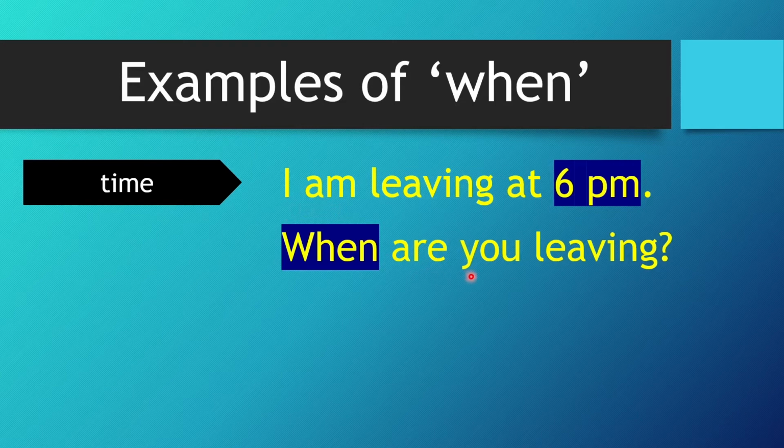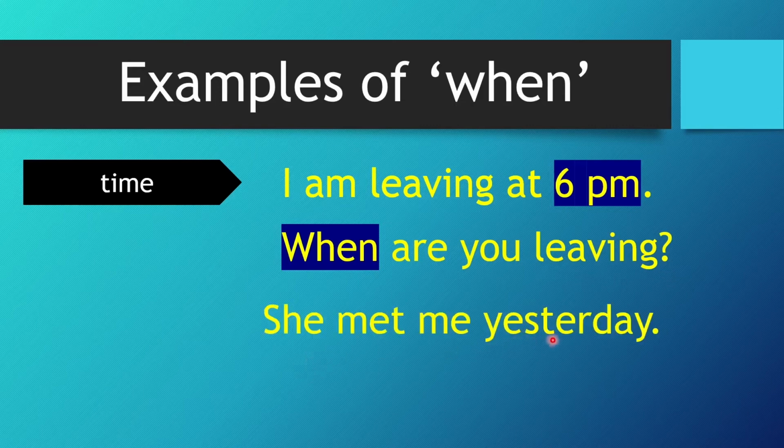But as it is question, are auxiliary verb will come in the beginning, then comes the subject. So when are you leaving? The main verb ing was given, leaving. So we will just write leaving here. So at first there will be when, after that there will be auxiliary verb, then comes the subject, then comes the main verb, and at the end there is question mark.